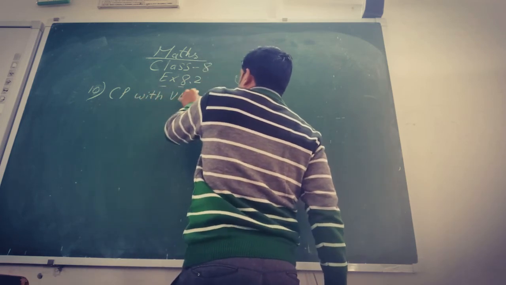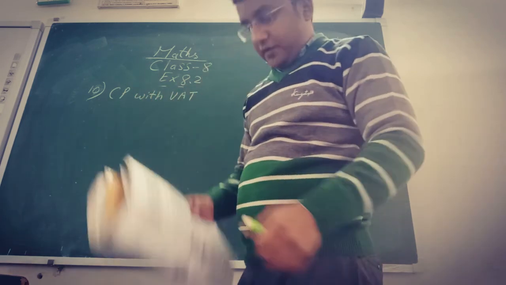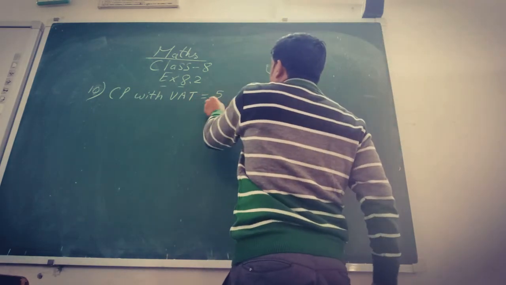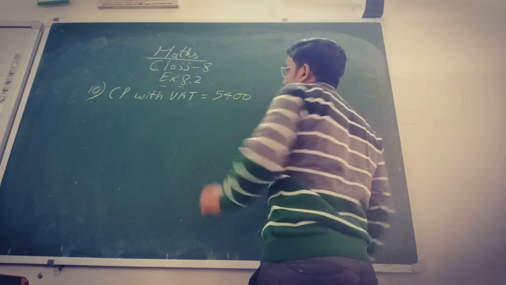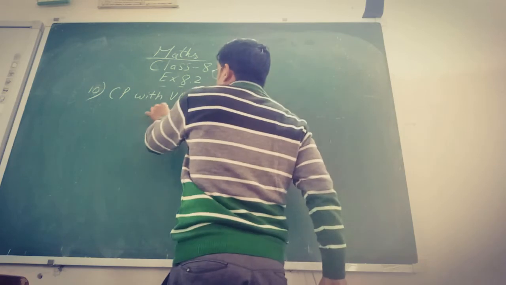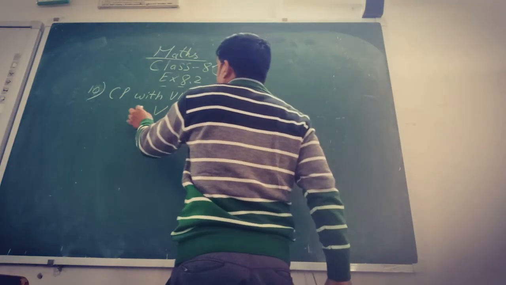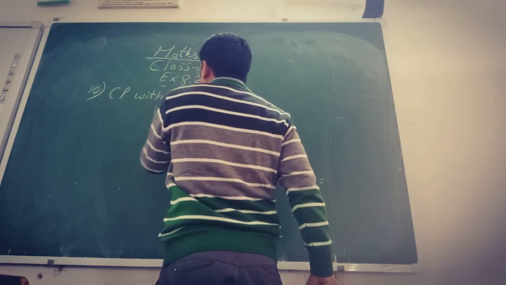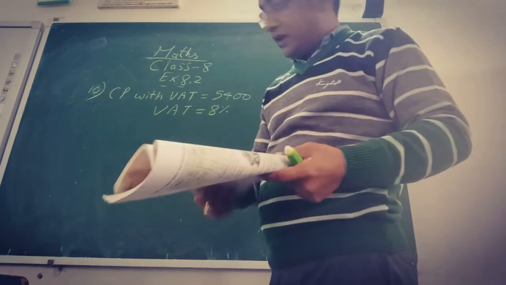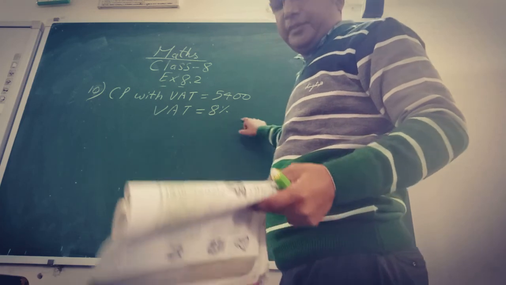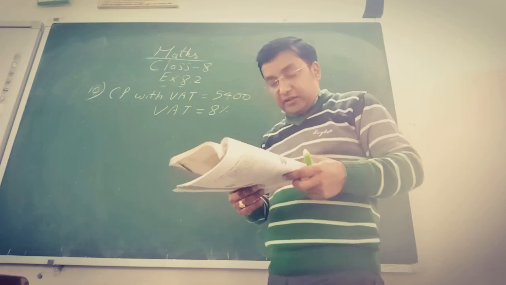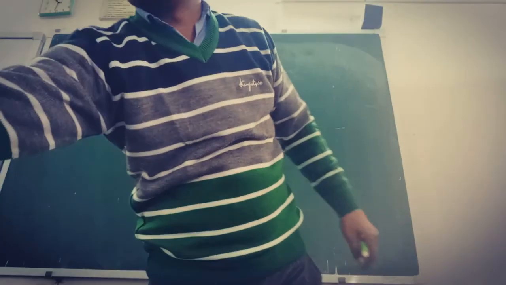Cost price with VAT is 5,400. The rate of VAT is 8%. This is still incomplete. And find the price before the VAT was added.